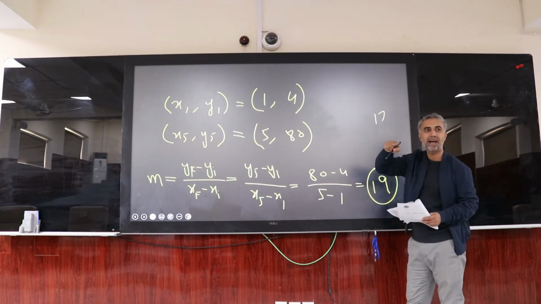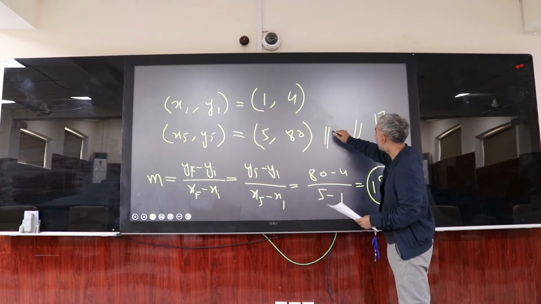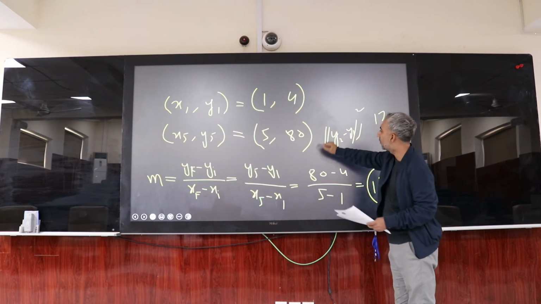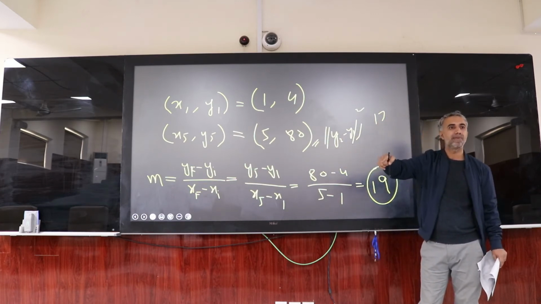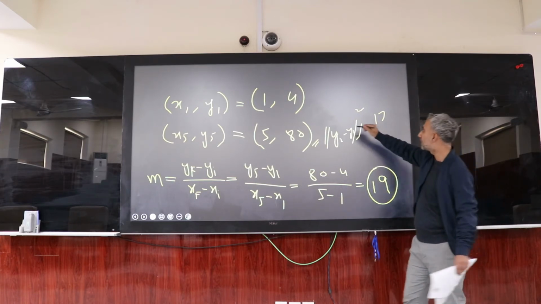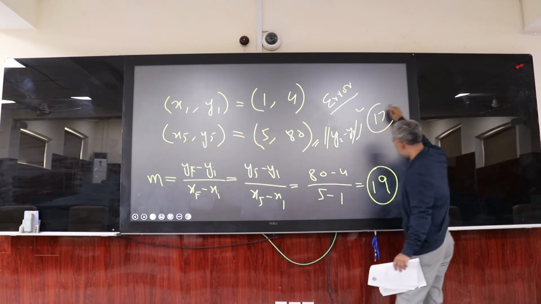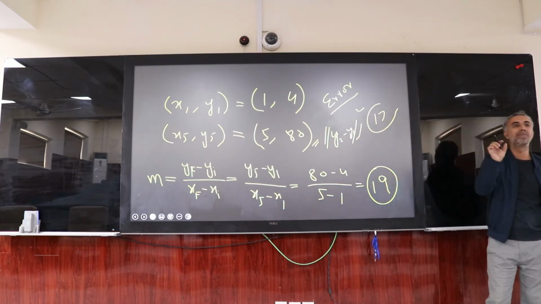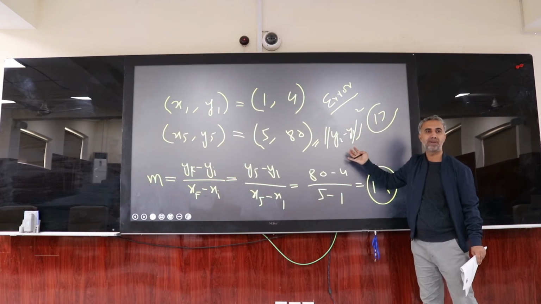Then, at the start of the lecture I told you about y2 minus y1, some kind of minimum squared error. Norms, I taught you about norms. We applied norms so that this error between 17 and 19 should be minimized. So this gap should be minimized.